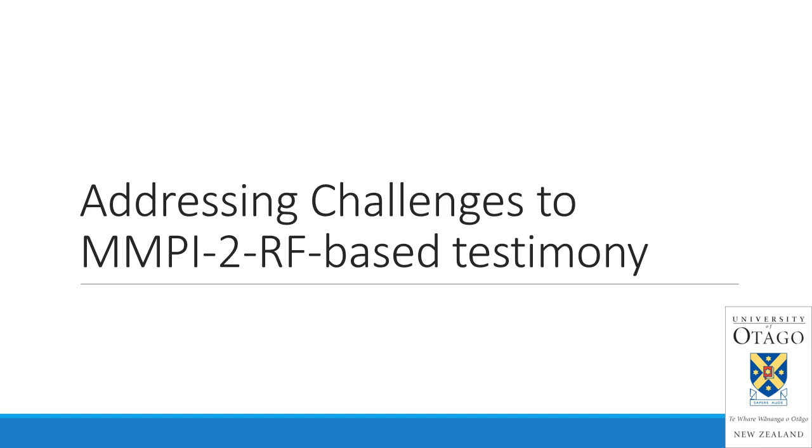Of course, any individual interpretation based on MMPI-2-RF could be subject to challenge and could be subject to successful challenge. So it always behooves psychologists to make sure that the interpretations that are done based on MMPI-2-RF scales are consistent with empirical literature as well as interpretive guidelines for the test.